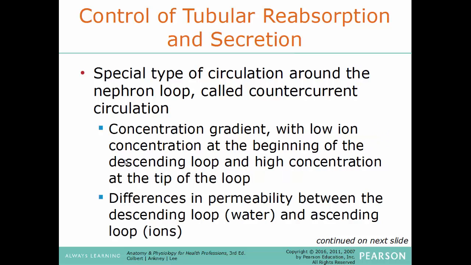Now, this concentration gradient has low ion concentration at the beginning of the descending loop and high concentration at the tip of the loop. So as you get further down the descending limb, you become more and more concentrated. And adding to this, the differences in permeability between the descending limb and the ascending limb will affect water and also ions.